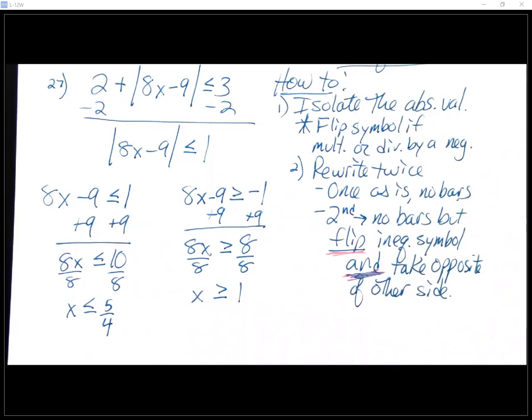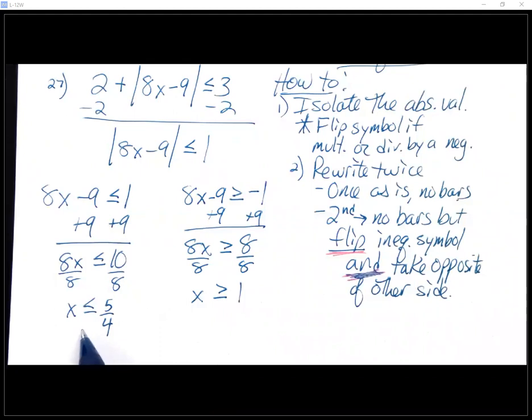So now here's where things get weird again. So far, is everybody with me? Yeah, okay. Now it's up to me to decide if this answer is an and or an or. What? How am I supposed to know? Well, we're going to take a look. I got to ask myself, are there numbers that are greater than 1 that are also less than 5/4?